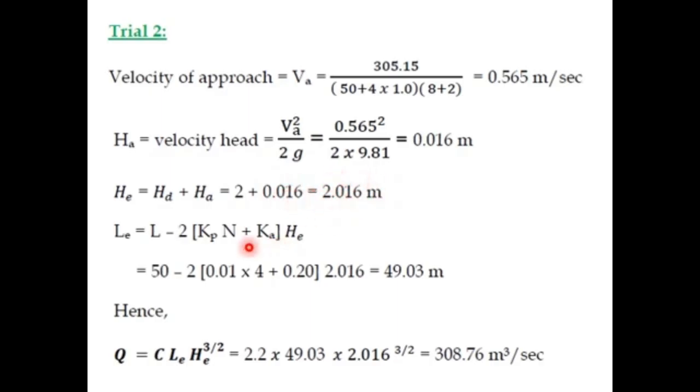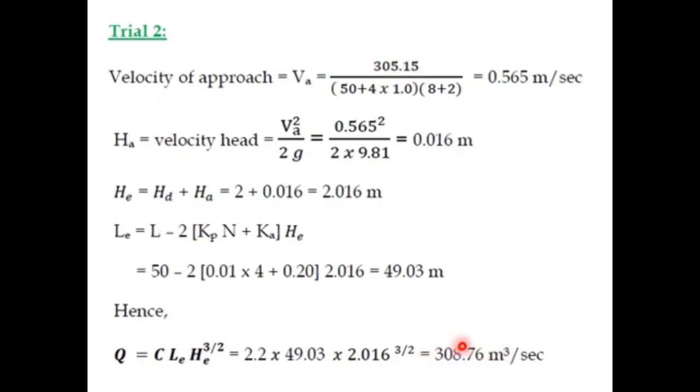Now using this value, we can calculate the effective length, which comes to 49.03, and again calculate the Q value, which is 308.76. So in the previous trial we got a discharge of 305.15, and in this trial we get 308.76.